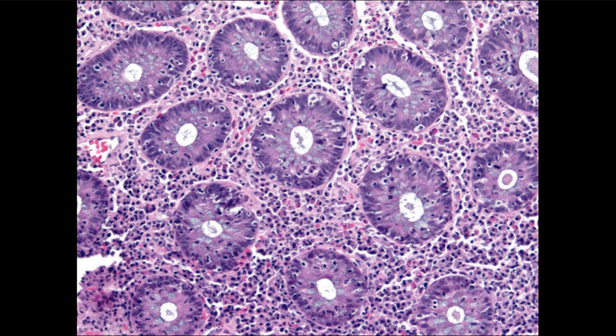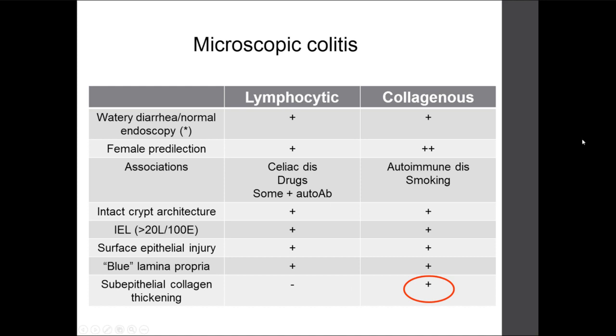I would say the infiltrate is very prominent in some cases, with a lot of intraepithelial lymphocytes, sometimes apoptosis, but apoptosis is not very prominent in general in these cases. So again, a quick comparison between these two entities of microscopic colitis, and this is to show how much overlap there is between these two.